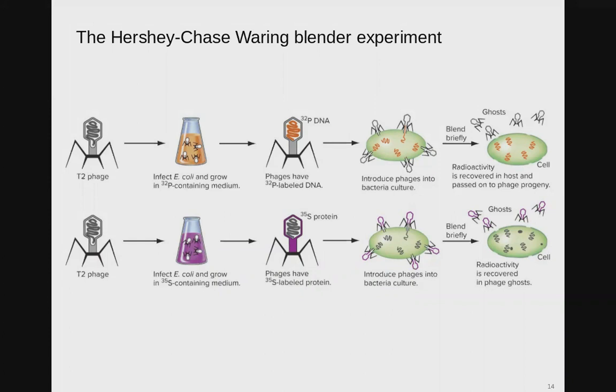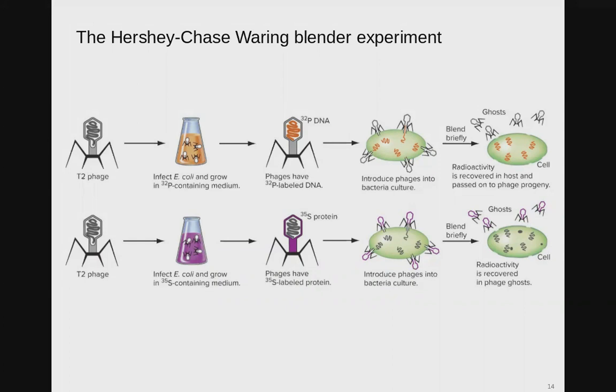So the idea is, if you have this that targets DNA and that targets protein, when you produce new viruses, they'll either have heavy DNA or heavy protein. It's pretty ingenious. Then you let them go on to infect a bacterial culture that's not grown in heavy sulfur or heavy phosphorus, and you look for where the radioactivity is in the brand new generation.